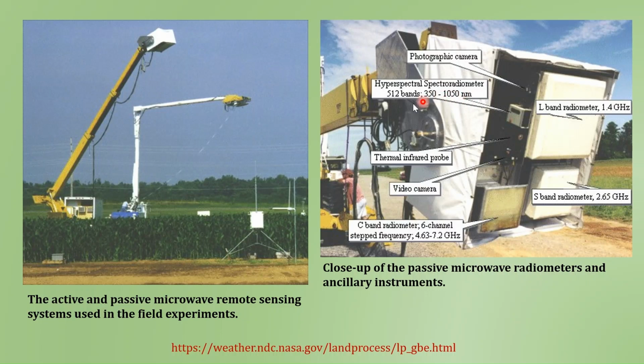So within this range, this instrument is capable of getting the data in 512 bands. Then we have the thermal infrared probe, the video camera, then we have the C-band radiometer related to radar sensing, and then the S-band radiometer and L-band radiometer. So different instruments can be placed on this particular platform and different types of data can be acquired.